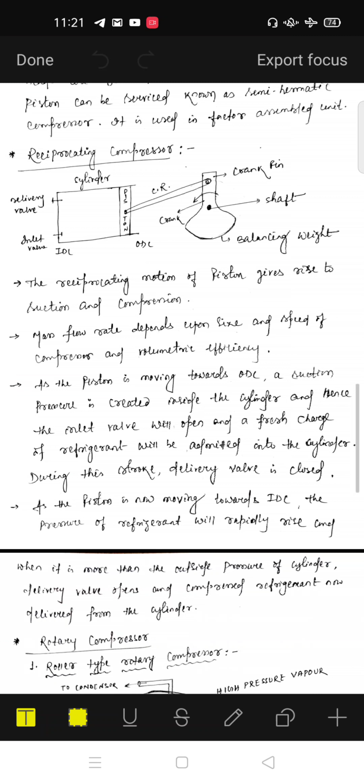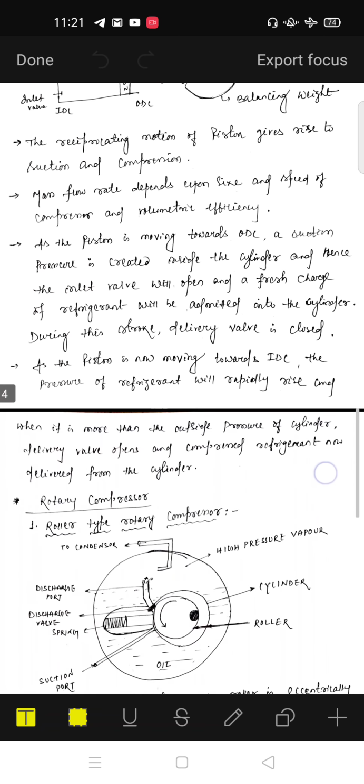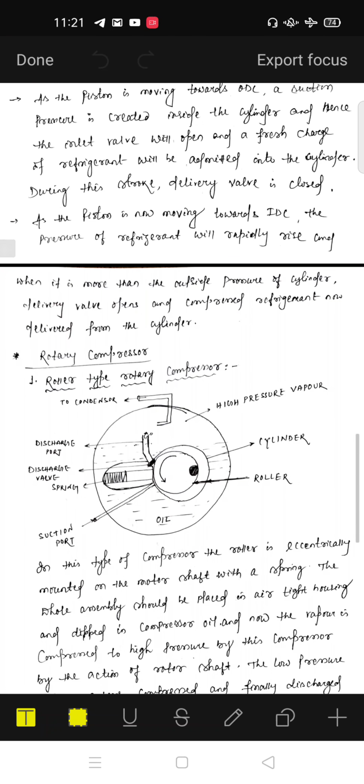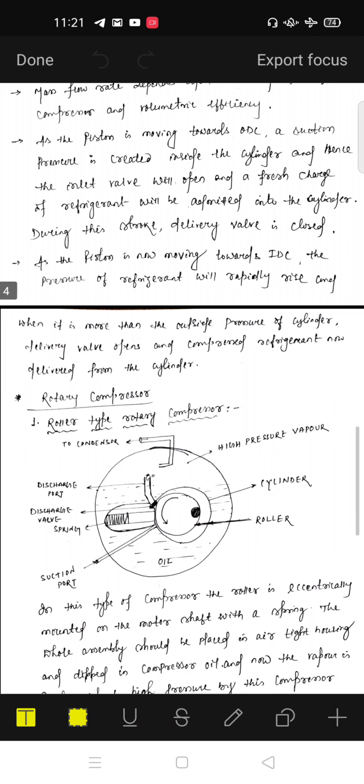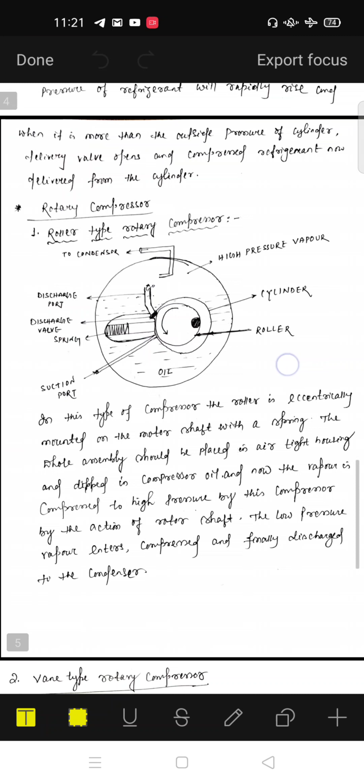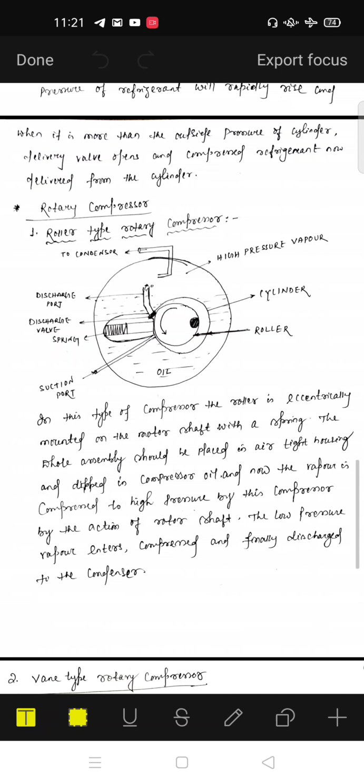As the piston is now moving towards the inner dead center, the pressure of the refrigerant will rapidly rise, and when it is more than the outside pressure of the cylinder, delivery valve gets opened and the compressed refrigerant is now delivered from the cylinder. Okay, this is the very simple working of reciprocating compressor. Next we will discuss the rotary compressor.